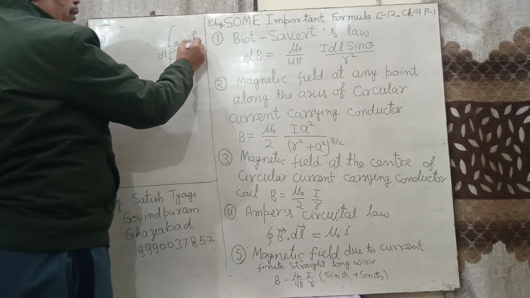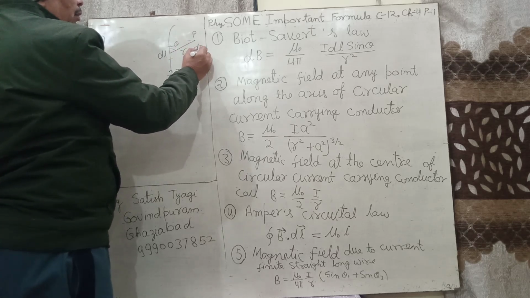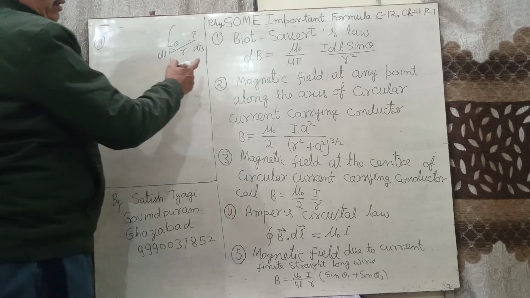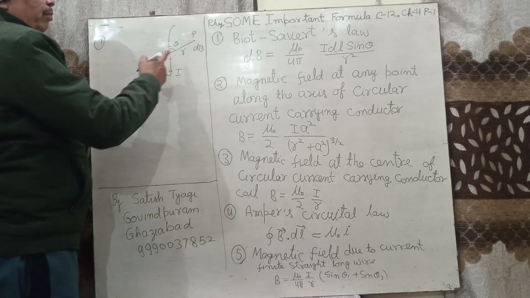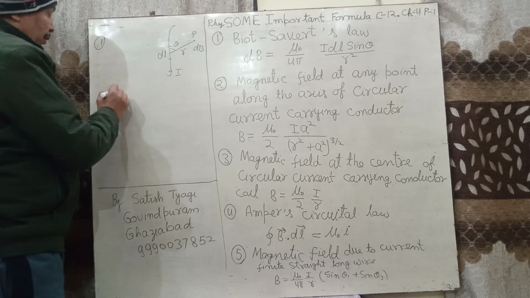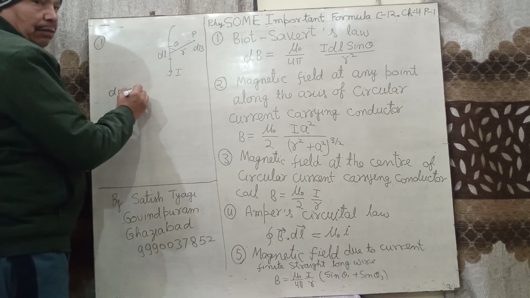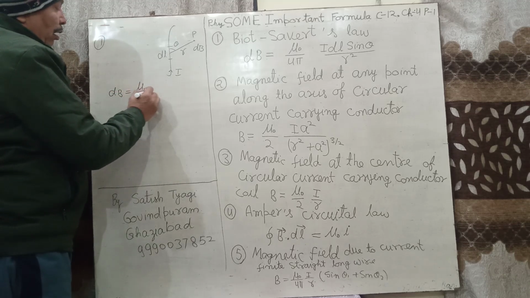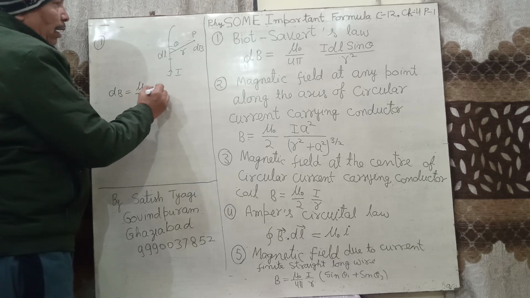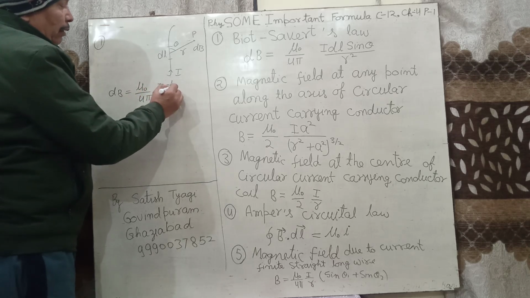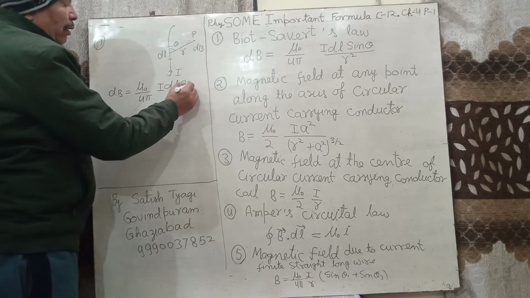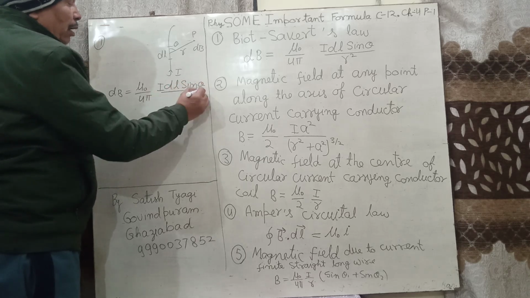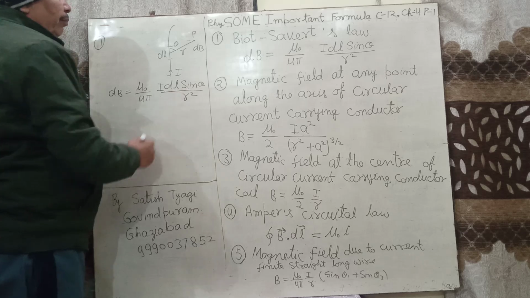Then dB, means the magnetic field dB, equals mu 0 upon 4 pi I dl sin theta upon r square.